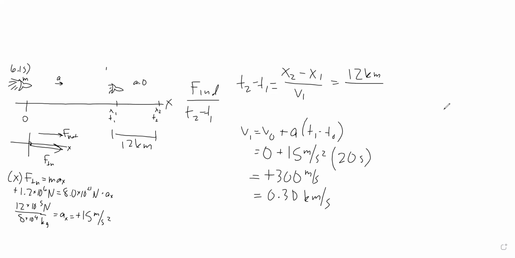I don't know if you can hear my son in the background. Once again, you don't need to calculate this. You can just take 12 divided by 3, which is 4. Both of these have positive signs, and the time is just scalar, so you get 40 seconds. Oh, good, very nice.